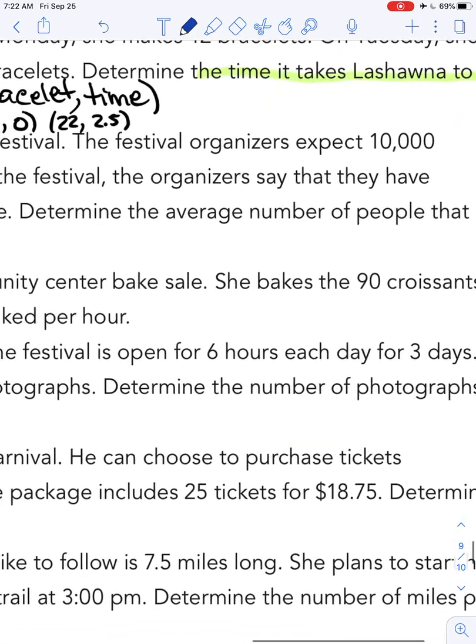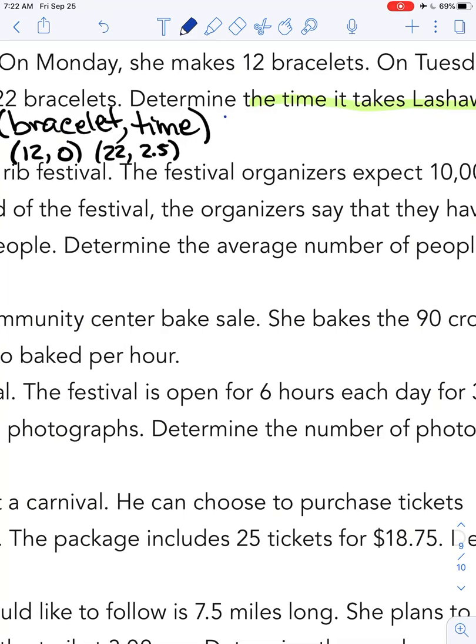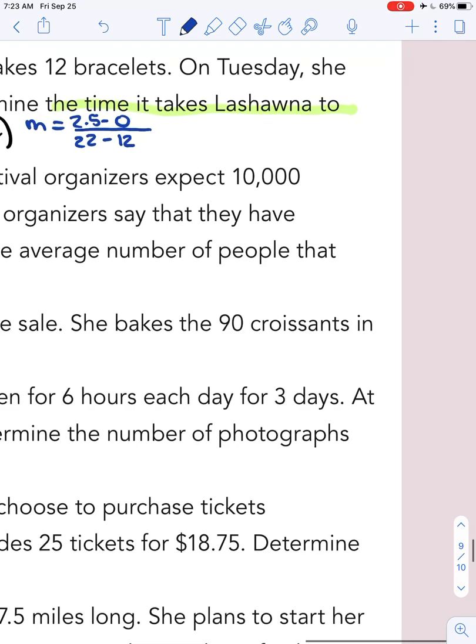So if I come down here, my slope is going to be y2, so that's going to be 2.5, and I'm going to subtract 0, and x2, which is 22, minus 12. I don't like going side by side, but I can do it on this one because there's not a lot of space. So I get 2.5, and that gets me 10. Now, if I divide this, we get this.